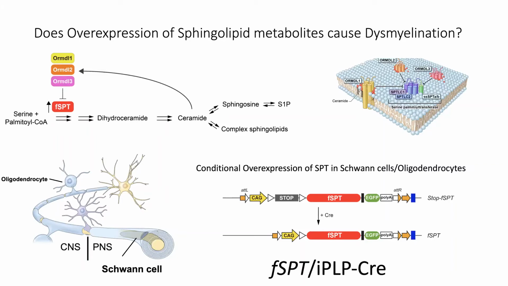We produced mice that have a knock-in version of this fusion SPT that's under inducible control by Cre, and bred those mice with inducible PLP Cre mice that express the Cre enzyme in Schwann cells and oligodendrocytes. And upon feeding the mice tamoxifen, we can effect the activation of the fusion SPT gene.